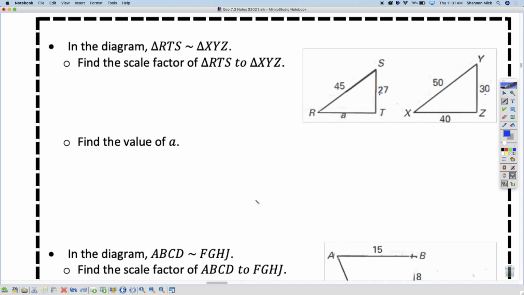So 45 corresponds with what in the other triangle? 50. That should equal 27 over 30. And the same thing will equal A over 40, right? So 45 over 50, what can I reduce it by? 5. So it'd be 9 tenths.